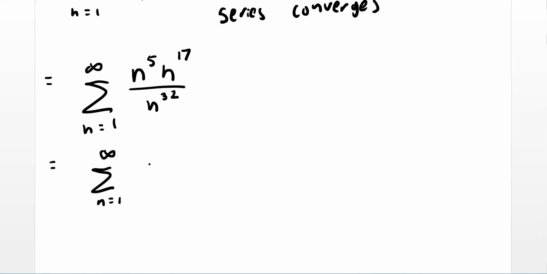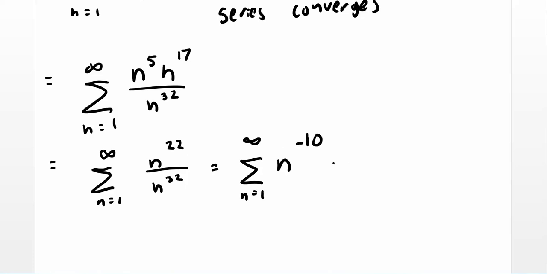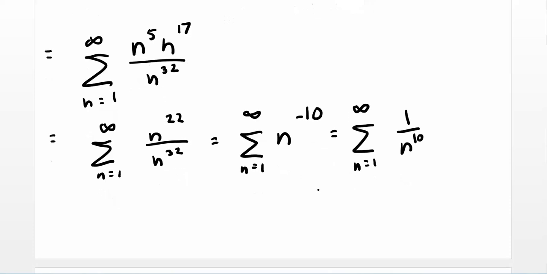In the numerator, this becomes n to the 22nd divided by n to the 32nd, which is equal to n to the 22 minus 32 is negative 10, which is of course equal to 1 over n to the 10. See, our p value is 10, which is greater than 1. Therefore, we converge.